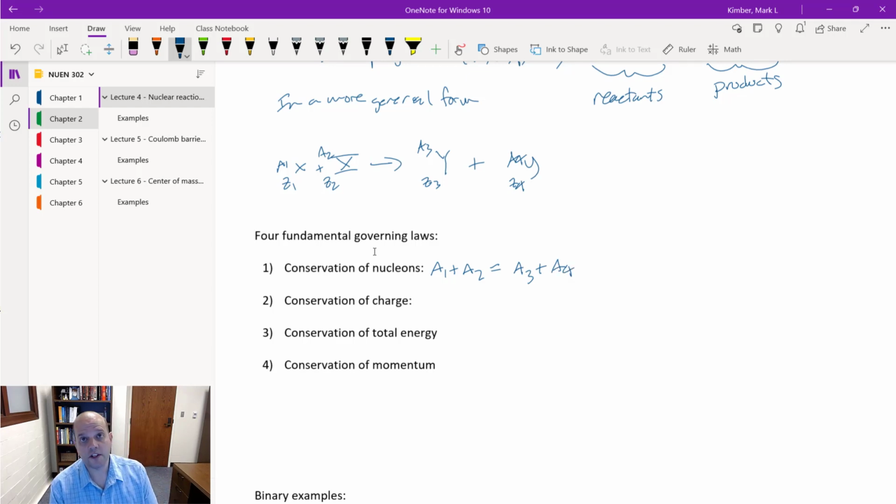So that's the conservation of nucleons, and I also have to have conservation of charge. Again, we'll talk about other instances later on when we need to put an asterisk on this statement, but for now, we'll take this to be true. So if I know the total number of protons on the reactant side, that has to equal the total number of protons on the product side.